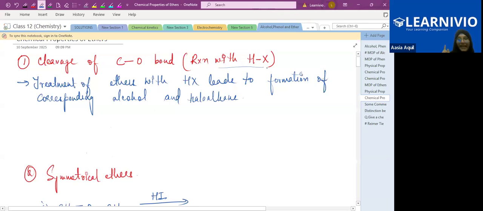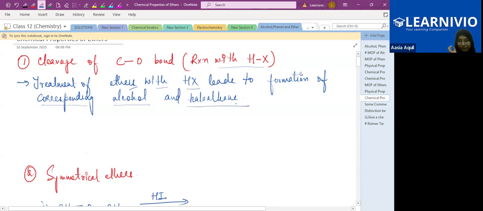First is your reaction with HX, your halogen acids. Treatment of ethers with HX halogen acids leads to the formation of the corresponding alcohol and haloalkane.